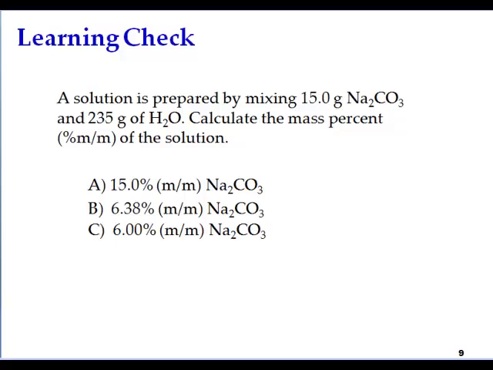Okay, so here is another problem that I want you to think about how to do. A solution is prepared by mixing 15 grams of sodium carbonate and 235 grams of water. Calculate the mass percent of the solution. So again, what is it asking? The formula is solute over solution times 100.